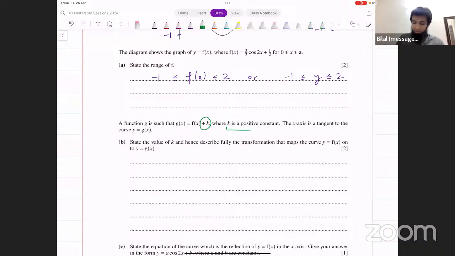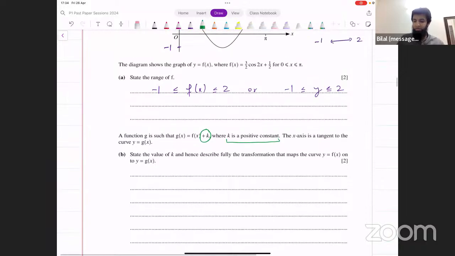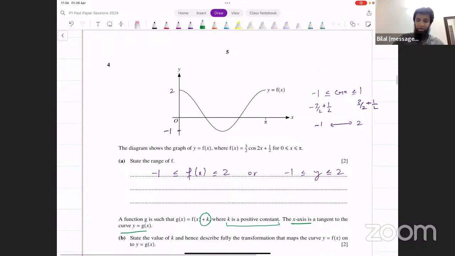Since k is a positive constant, that means the graph is moving upwards. And it moves upwards in such a way that the x-axis becomes a tangent to the curve. If the graph moves upwards and the x-axis becomes a tangent, the graph is going to look something like this. This is what the graph would look like with the x-axis as the tangent.